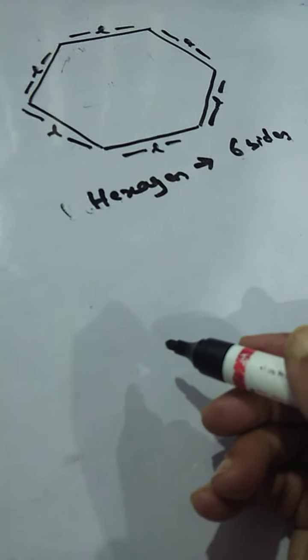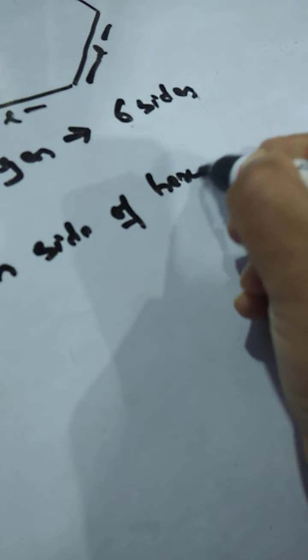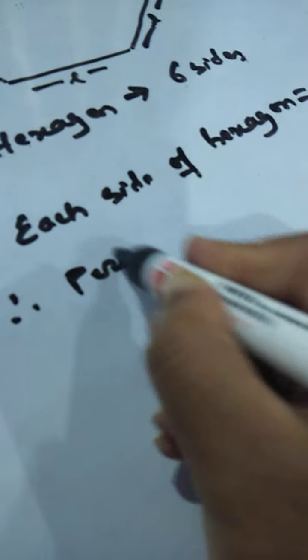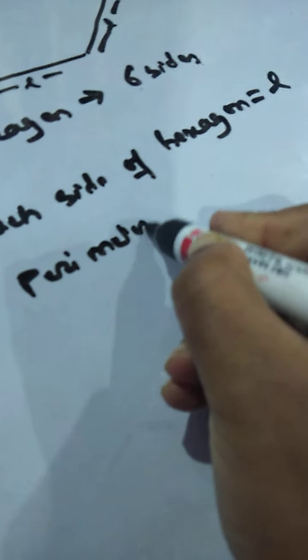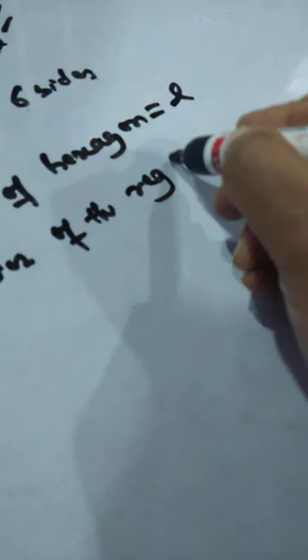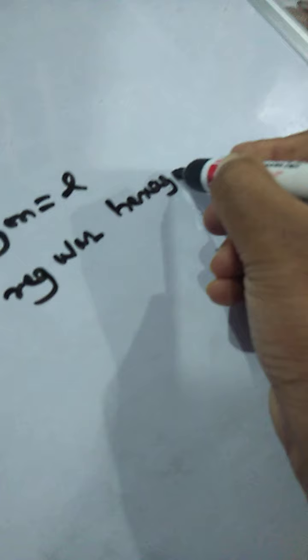So again, what is the solution? We'll write each side of the hexagon would be equal to L. Therefore the perimeter of the regular hexagon would be equal to what?